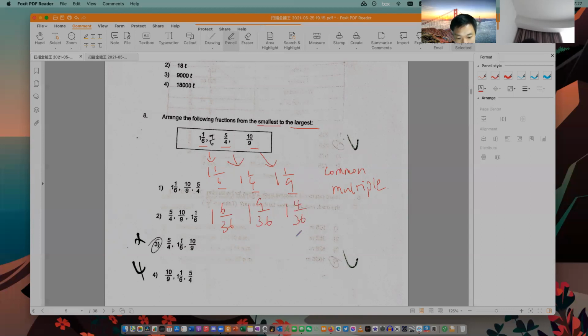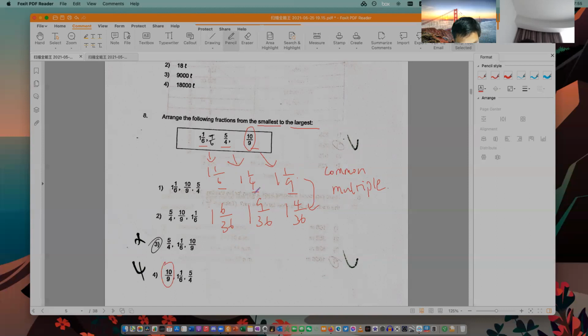Then you start to see which one is the smallest, right? After you change these three of them into common denominators, okay? And the common multiple here is 36. And the smallest should be this, okay? 10 over 9. 10 over 9, yeah. Okay.